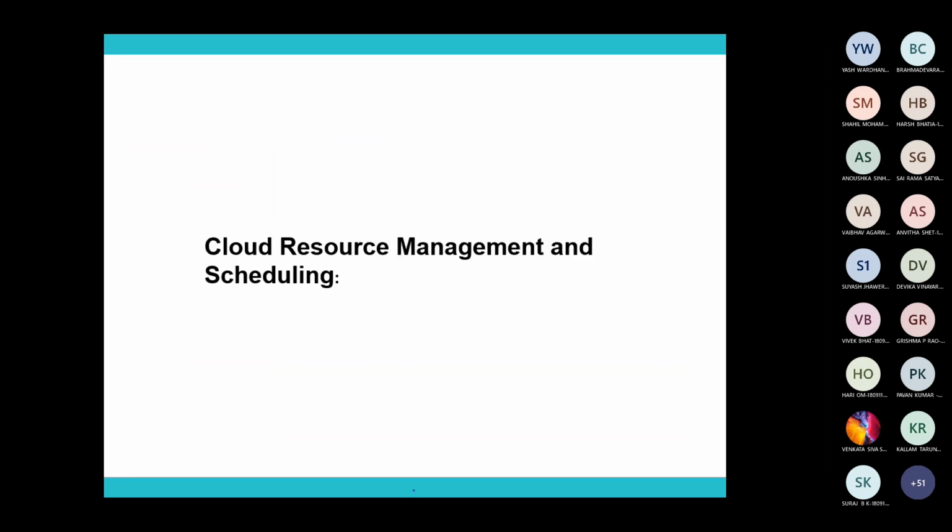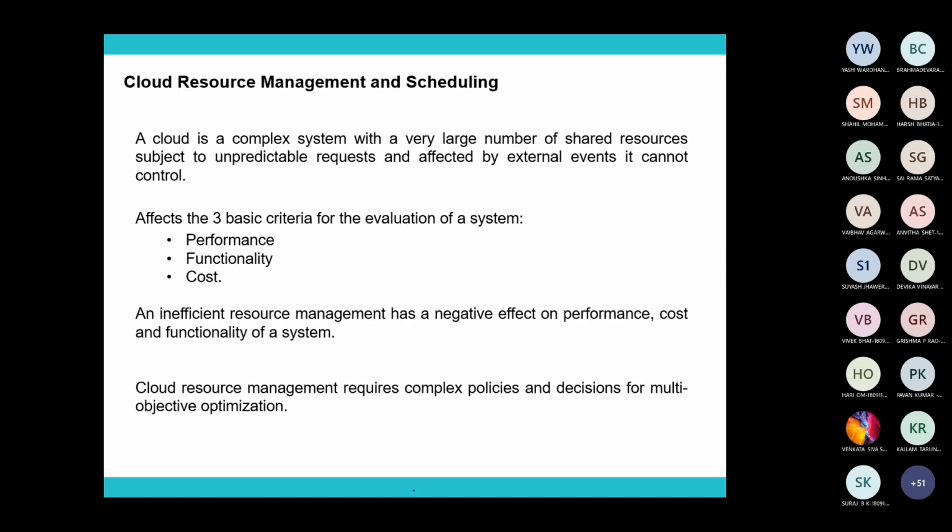Next we look at cloud resource management and scheduling. As we already looked at in the earlier chapter, a cloud is a complex system which contains maybe thousands of servers, shared among multiple users, and which may encounter different unpredictable loads. This will affect the three basic criteria for evaluating the system, that is performance, functionality, and cost.